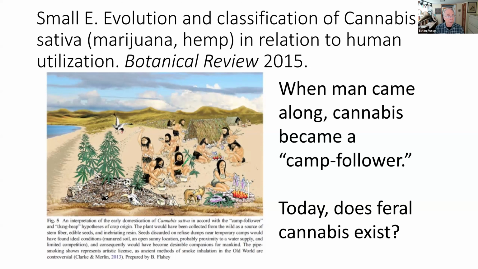I understand from people that have been there, there are places in Kazakhstan where there just seem to be kilometer after kilometer of what appears to be wild hemp, with no evidence of human husbandry. At this point, it's unclear, but it is clear that it's been heavily utilized by humans.